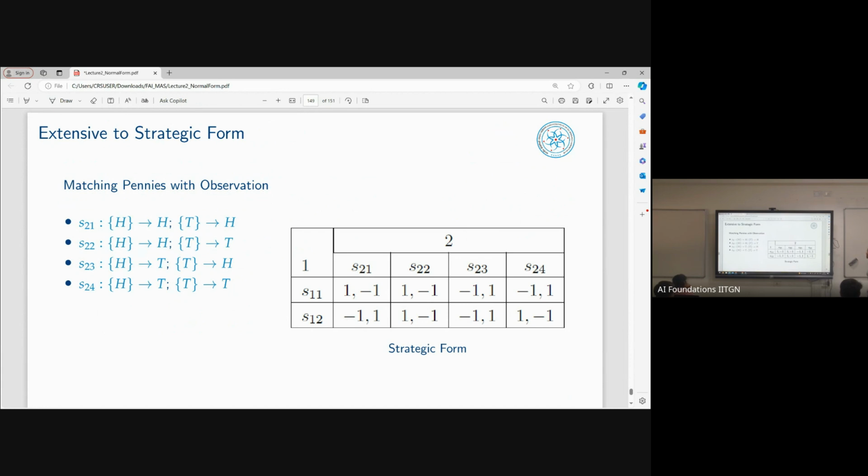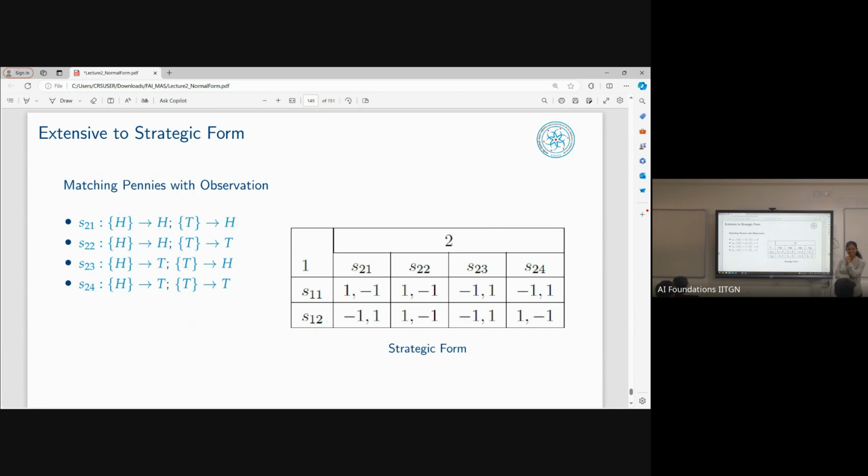So my question is, player one has two strategies, H and T. But now I'm saying player two can have H, T, or B. Three possible actions for every action that player one takes. So now how many strategies can player two have?